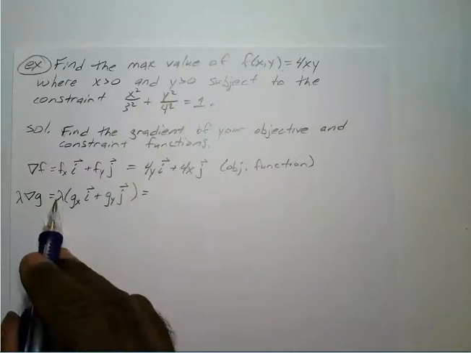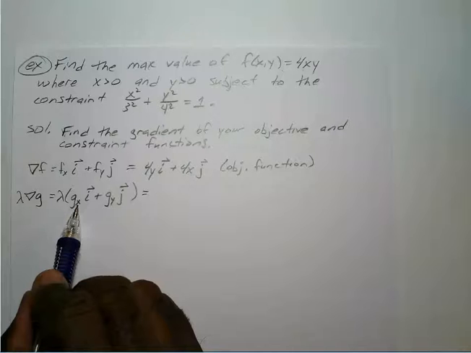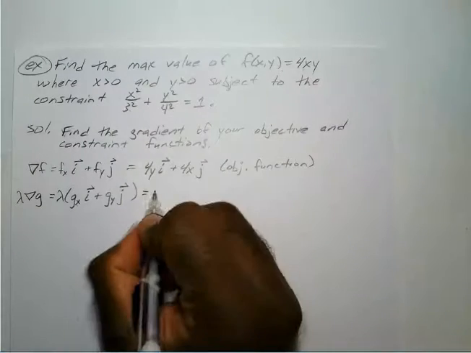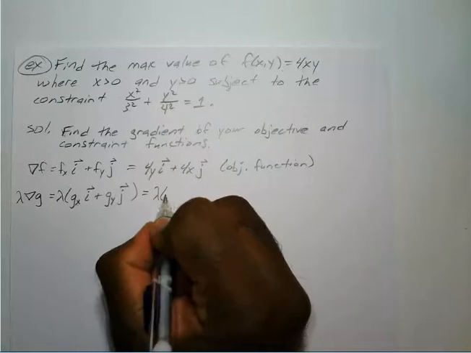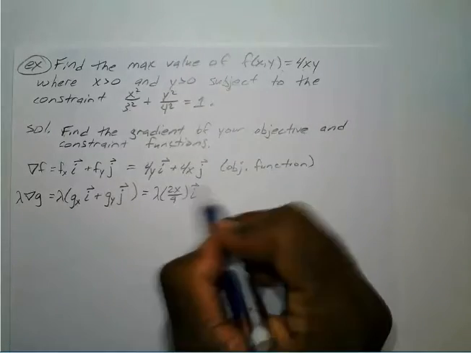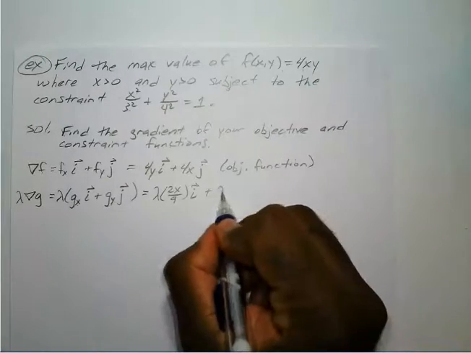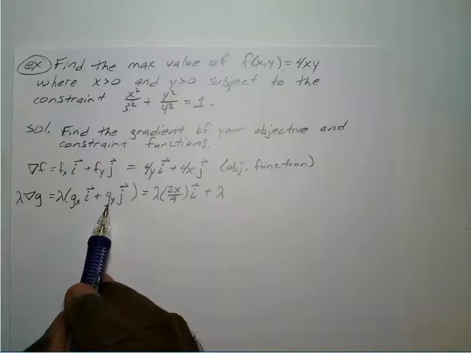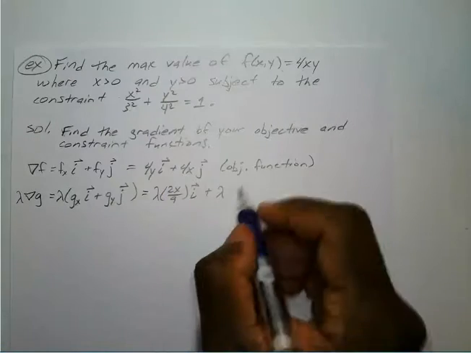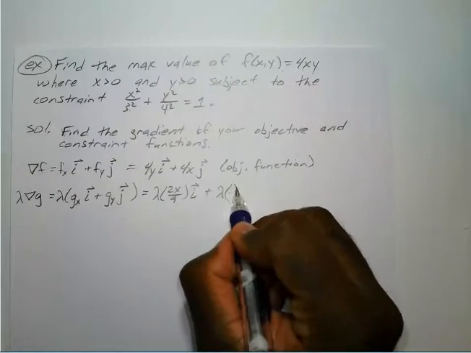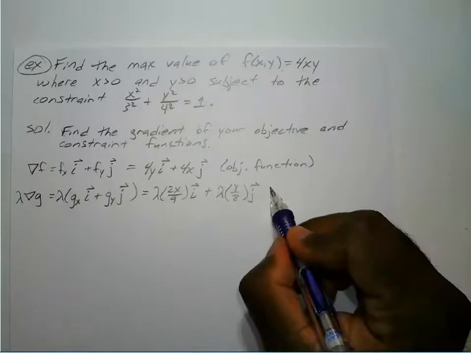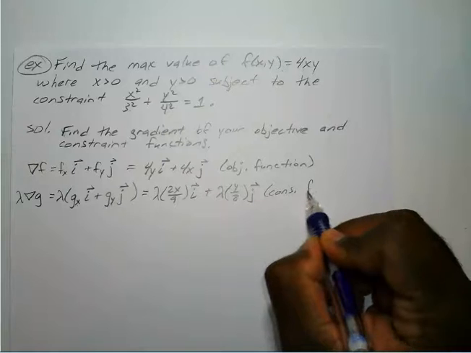So that's going to equal lambda times 2x over 9 times your i vector, plus lambda times the partial of g with respect to y. That would be 2y over 16, which actually simplifies to y over 8, so y over 8 times your j vector. And that's your constraint function.